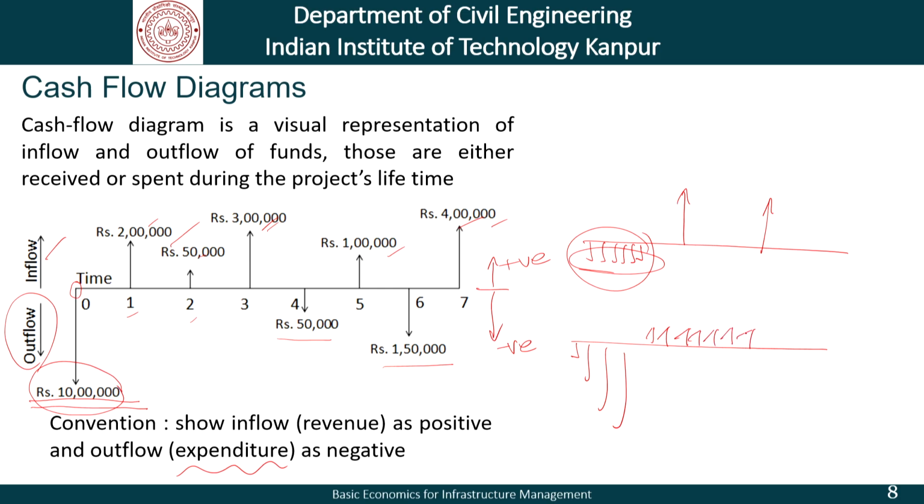We are all familiar with situations such as a recurring deposit in the bank. What happens there? We make some deposits every month or every year, whatever we do, and at the end of the so called maturity period, we get a certain amount of money back. That is our income. So, this is our expenditure.